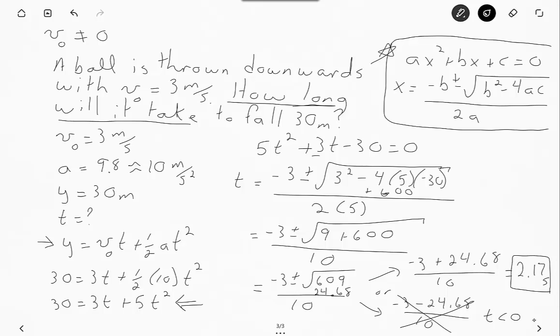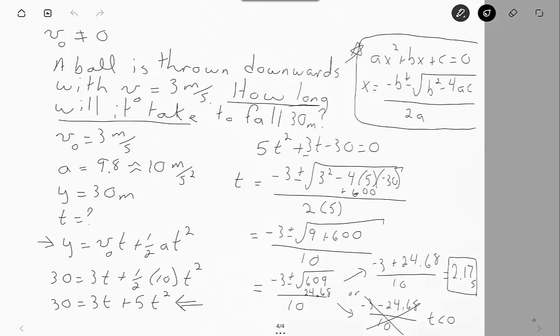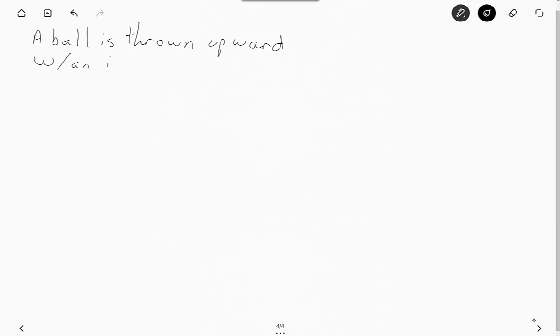Okay, let's do one more quick example. This time we're going to throw the ball upwards. So a ball is thrown upward with an initial speed of 15 meters per second.